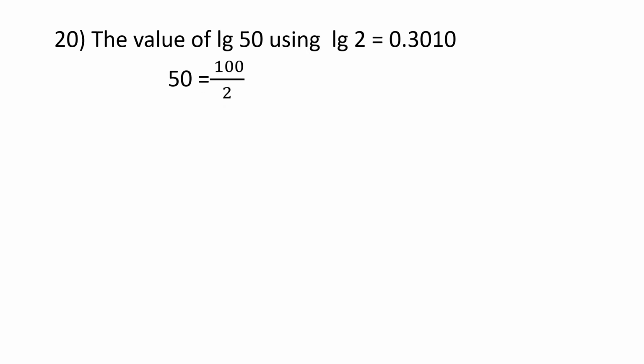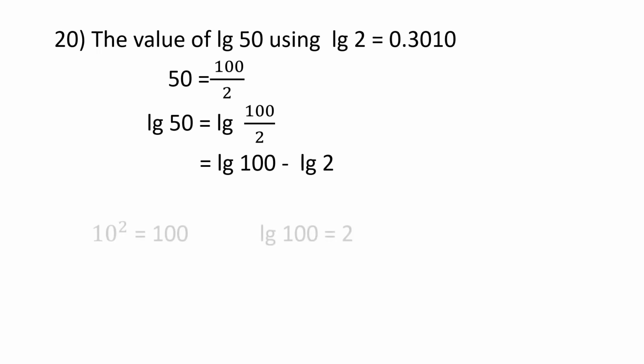So taking the logarithm of both sides, LG50 equals LG of 100 divided by 2. It's a division. You can write it as a subtraction of logarithms. So you can write this as LG100 subtract LG2.